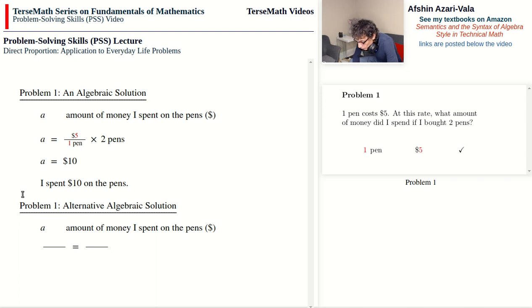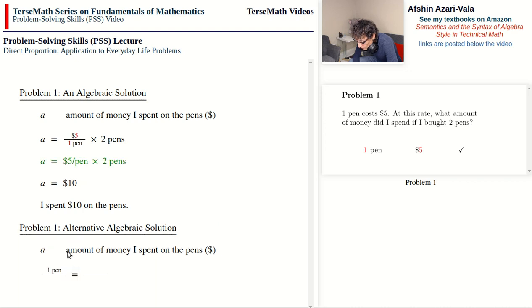Okay, so now what we do is we start with the relationship that's given, and we put down, let's say, pens on top, dollars down. So our next step is to put down 1 pen, and then down here we put down $5. And now the top is the number of pens, and the bottom is the amount of money that we spend in dollars.